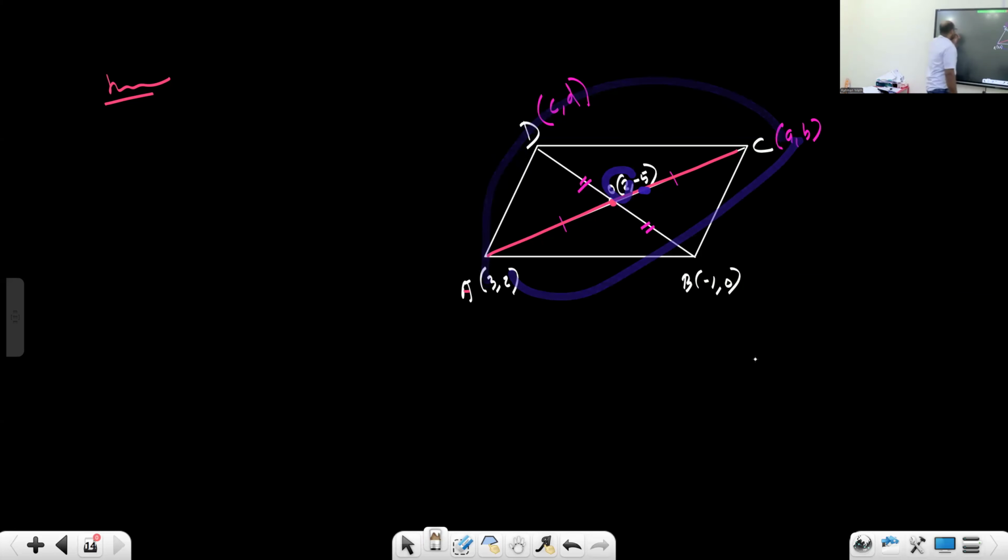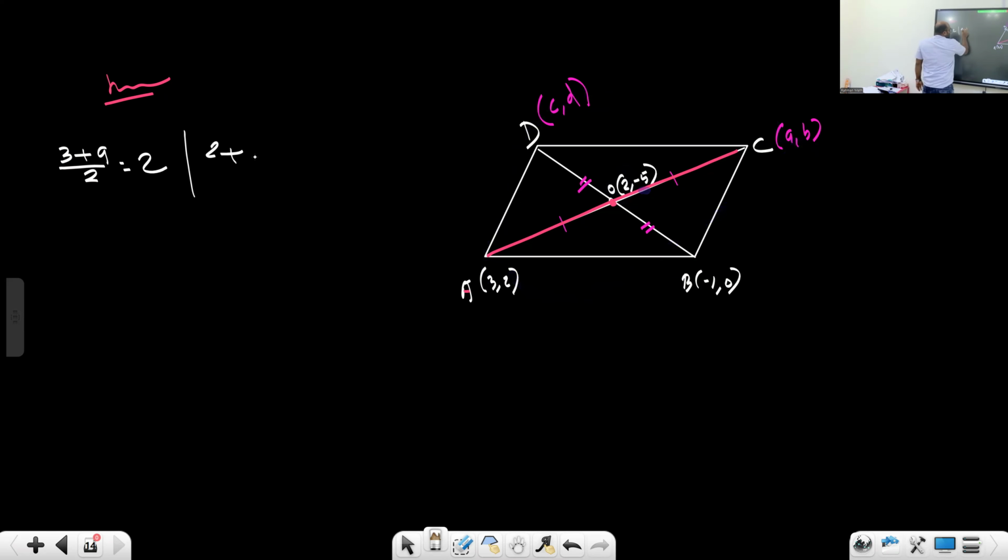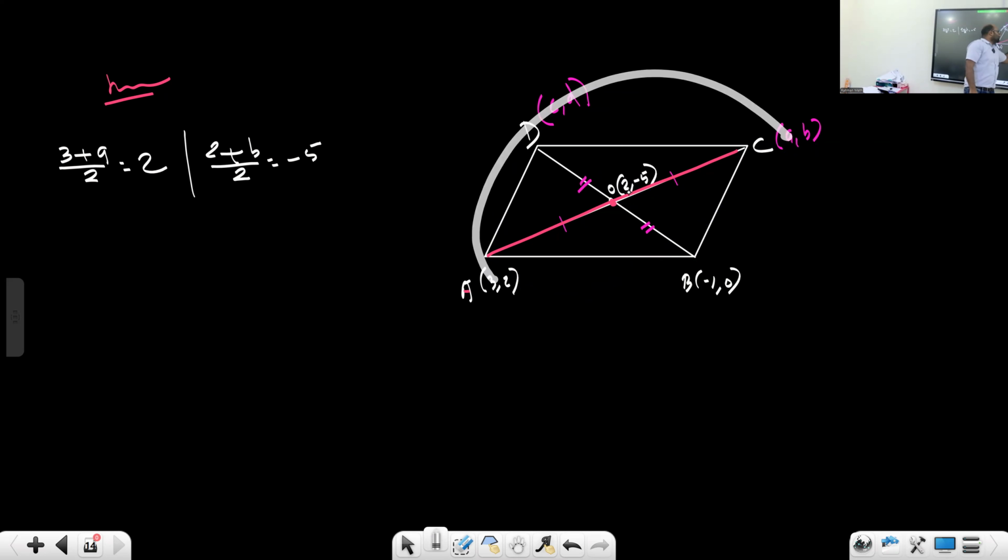Help me. What plus what by 2 equal to what? 3 plus A by 2 equal to 2. Second part: 2 plus B by 2 equal to -5. Again I repeat: first value plus first value by 2 equal to first value.